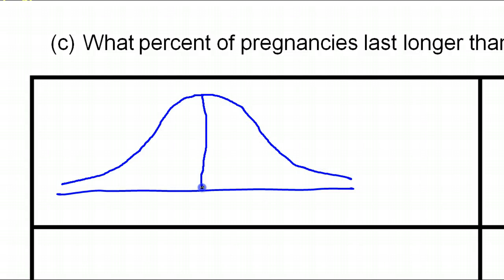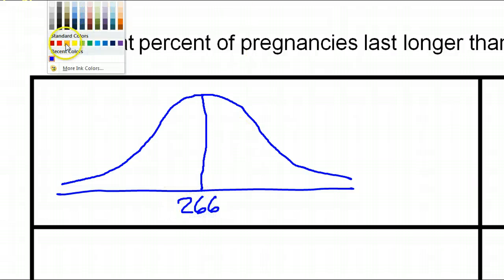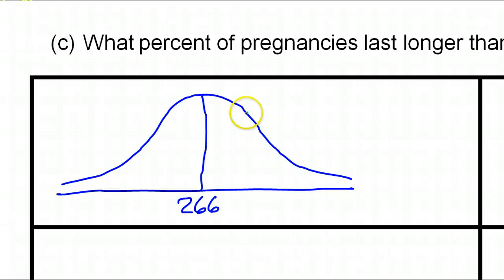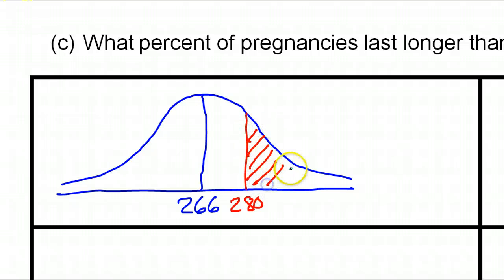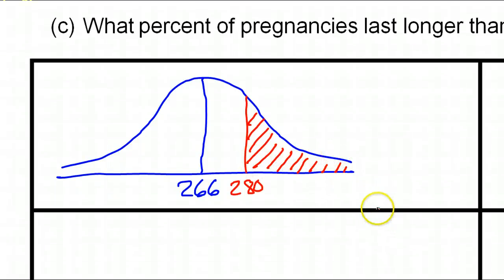The mean is still 266. We are interested in 280 days. This time we want to know what percent of pregnancies last longer than 280 days. So we'll shade in the part that's going to the right.